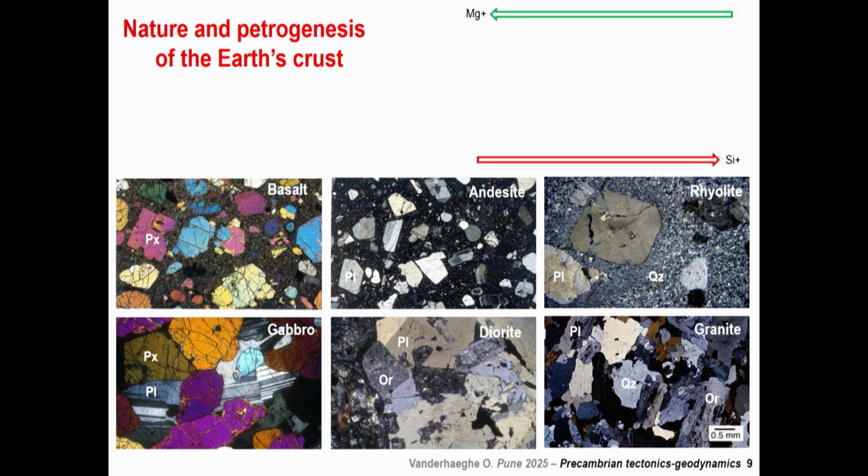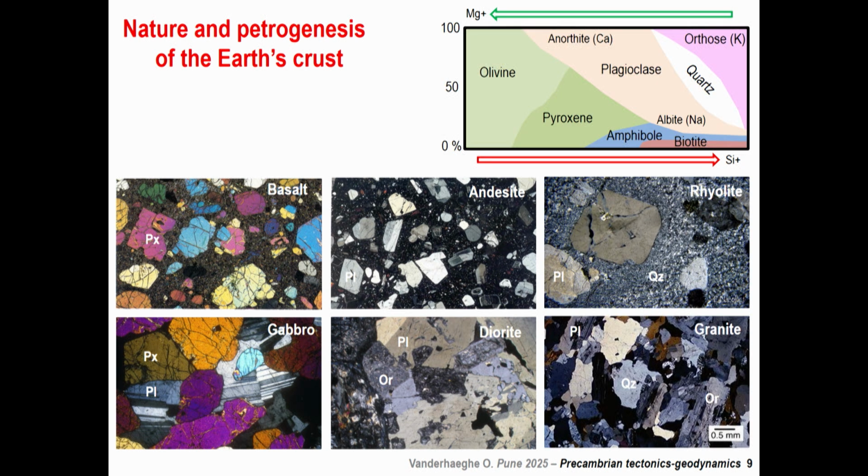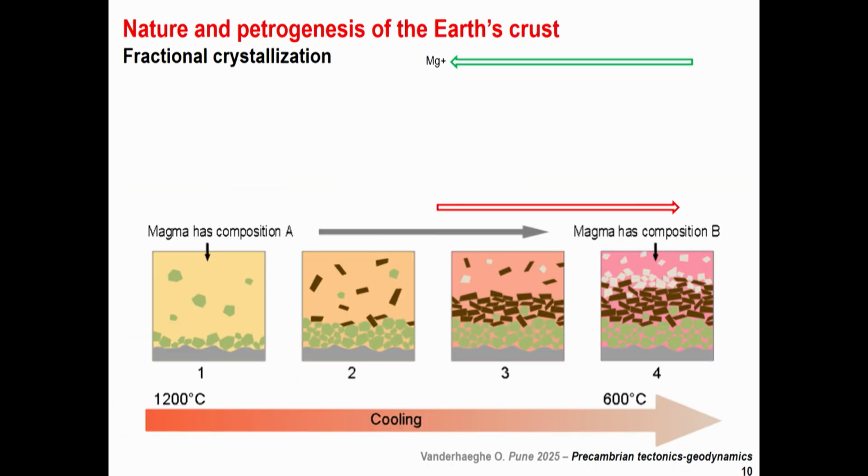What does that reflect? The basic idea is that this Si increase is correlated to a magnesium decrease, and this is called differentiation. And the main process that has been invoked so far for differentiation is fractional crystallization, going from a basalt to even a rhyolite.